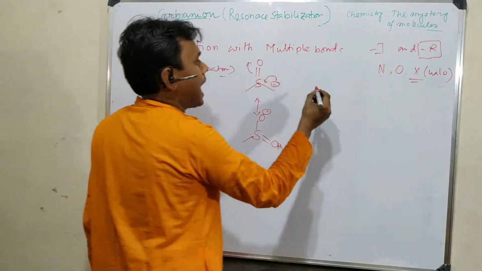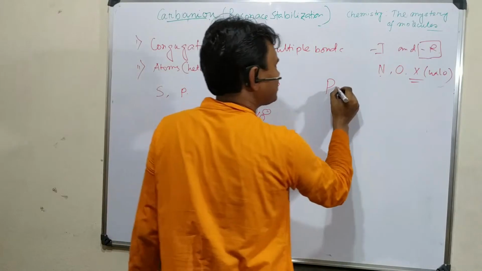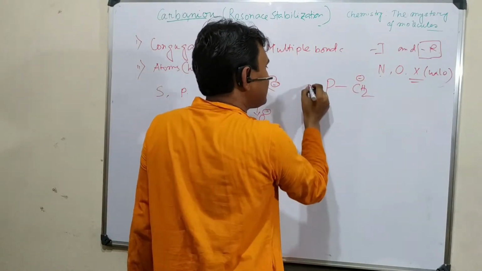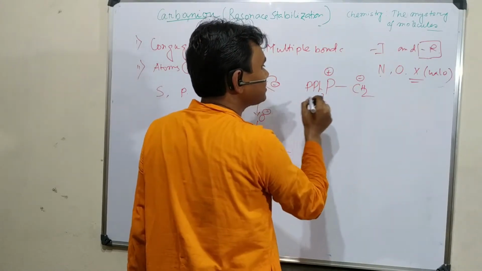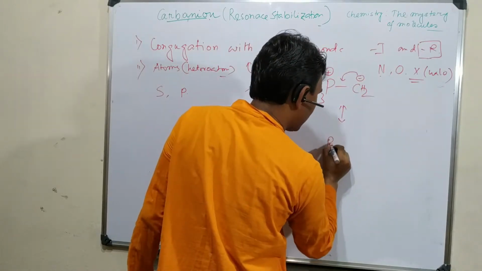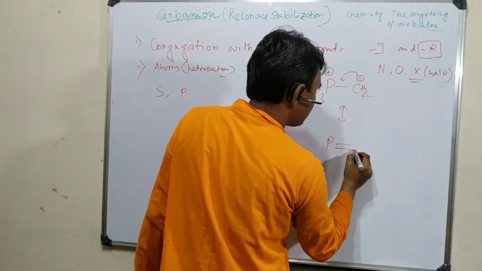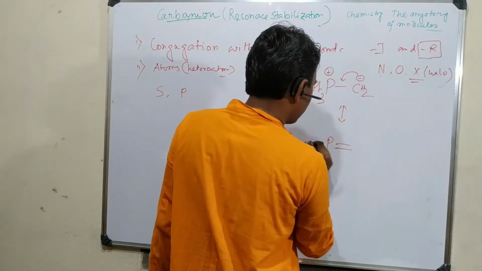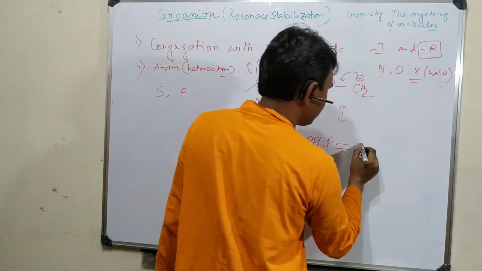Another way is phosphorus. How can it stabilize? For example, phosphorus attached to carbon. Let's consider CH3 attached with triphenylphosphine; it can stabilize in this way, forming a double bond. How can this form? Nitrogen can't, because phosphorus can expand its coordination, its valency, because of the participation of energetically accessible d orbitals, and it can become pentavalent.